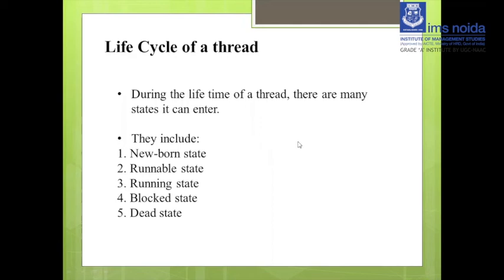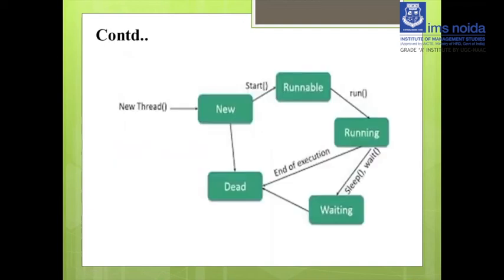So first is newborn state, second is runnable state, third is running state, fourth is blocked state, and the fifth is dead state. This is the diagram about the states, showing how a thread is created, it will go to new. If there is a start method, it will go to the runnable state, otherwise it will go to the dead state.